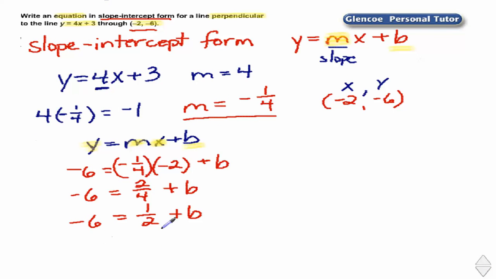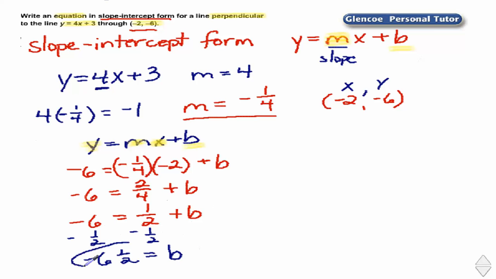Okay, so now to solve this, we're going to subtract 1/2 from both sides of our equation. So on the left we have -6 and 1/2. 1/2 minus 1/2 is 0, and that leaves us just b. So now we found our b, or our y-intercept, which is what was missing.